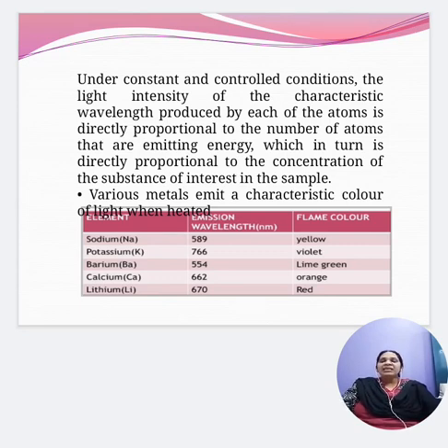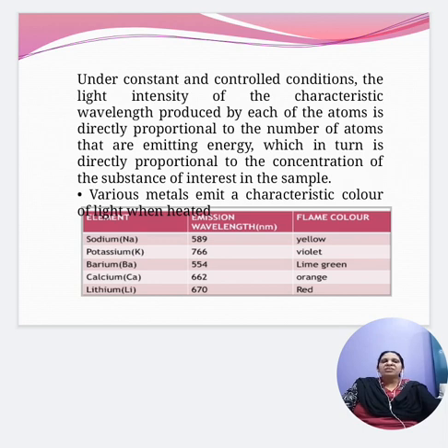When the flame color is violet, it indicates potassium is present in the solution. Similarly, when barium is present, its wavelength is 554 nanometers and the flame is lime green in color.